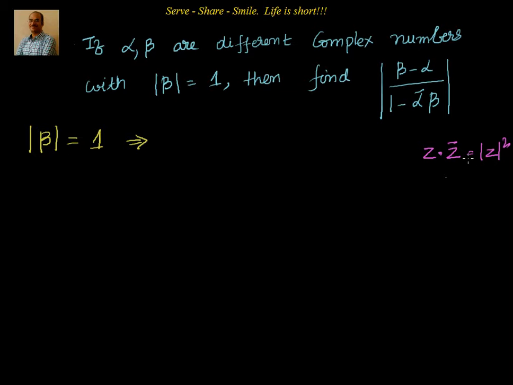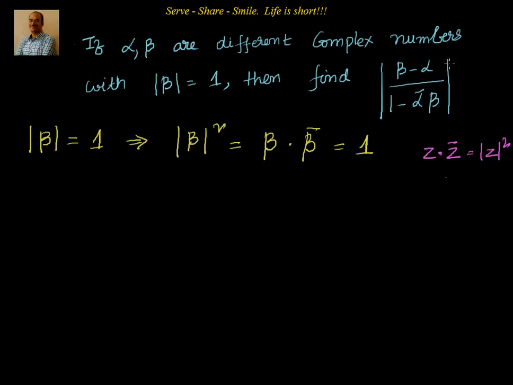Now if I want to leverage this property, I need modulus of beta whole square, and I know 1 square is 1 only. Pardon me, it's beta, we are saying alpha and beta. So modulus of beta equal to 1, modulus of beta whole square is also equal to 1, but that's nothing but beta into conjugate of beta, and that is also equal to 1. So this property we are going to use in the problem afterwards.